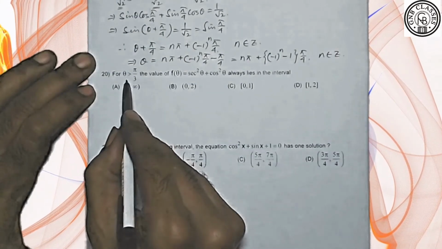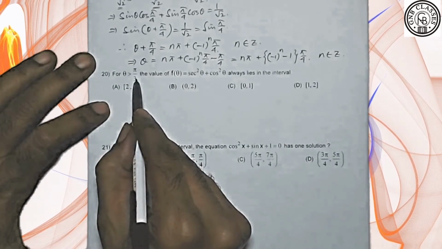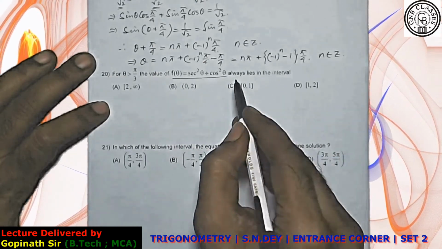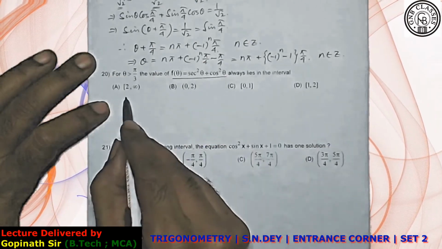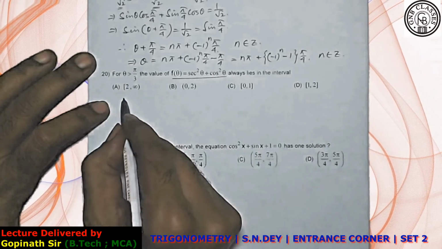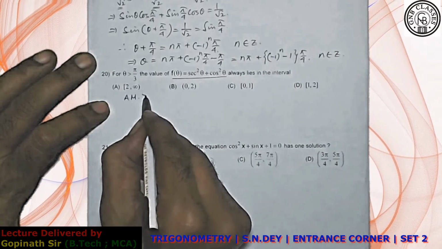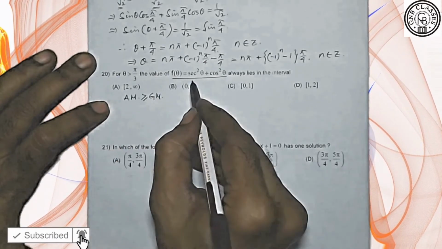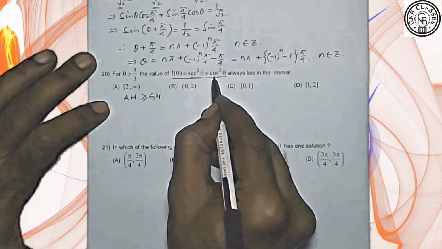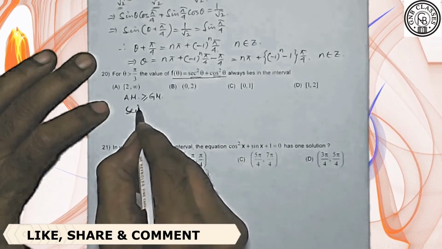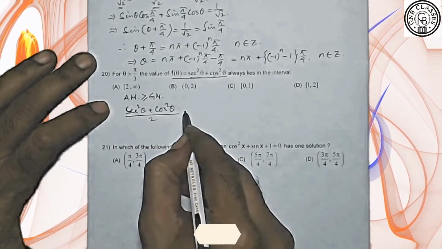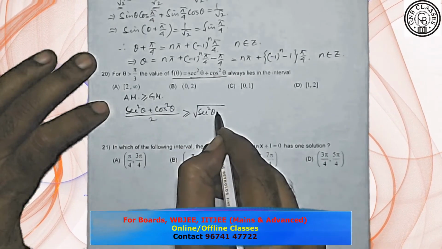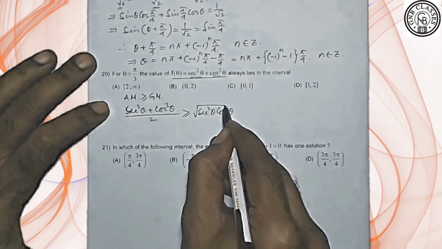In this sum we have given that theta is greater than pi by 3. Your f theta is sec square theta plus cos square theta. It always lies in the interval, and the 4 options are given to us. We know that arithmetic mean is always greater than equals to geometric mean. Therefore, the arithmetic mean of sec square theta and cos square theta will be greater than equals to its geometric mean, which is under root sec square theta cos square theta.